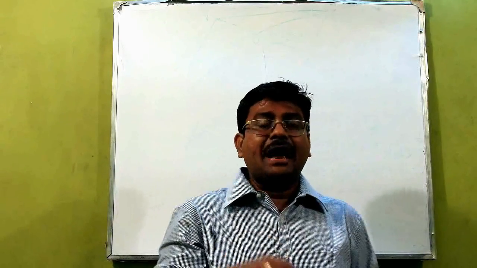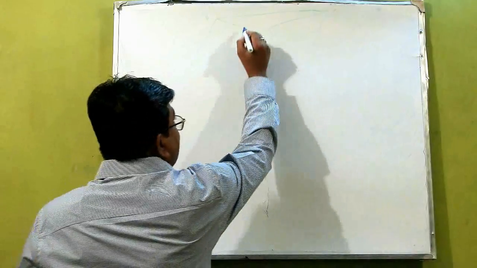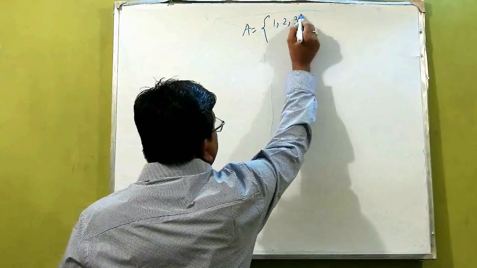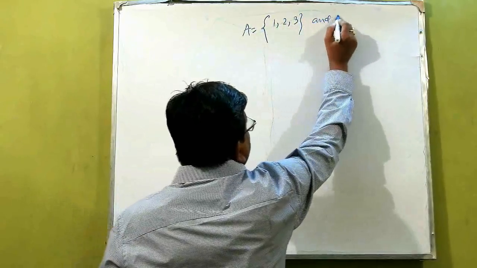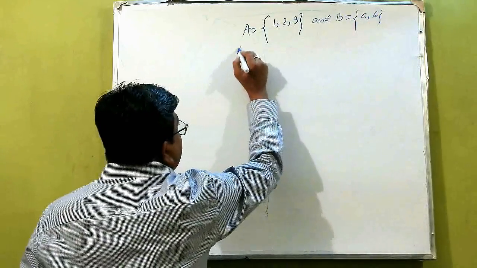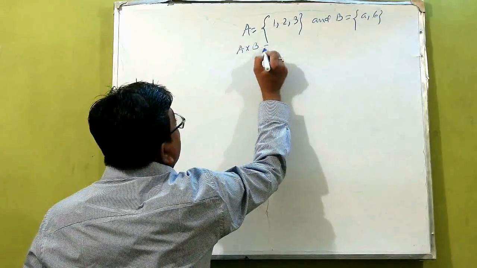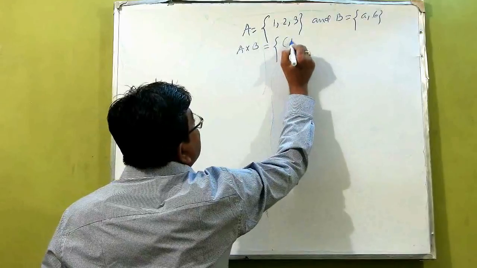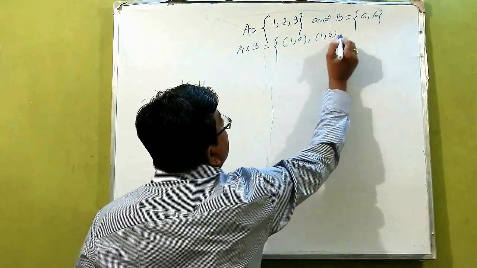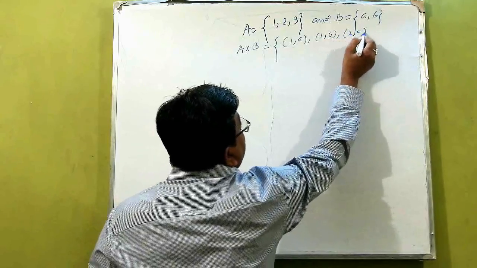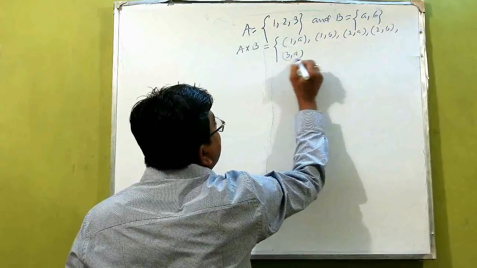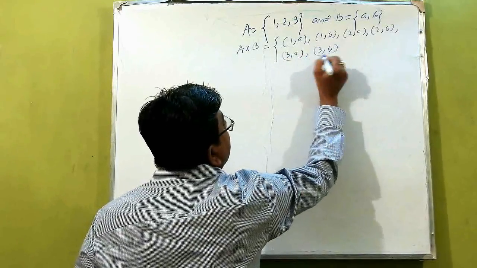Again I repeat, let A be a set which contains the same example 1, 2, 3 and B be a set which contains 2 elements a and b. Then A cross B, that is the Cartesian product of A and B, contains these 6 pairs: (1,a), (1,b), (2,a), (2,b), (3,a) and (3,b).